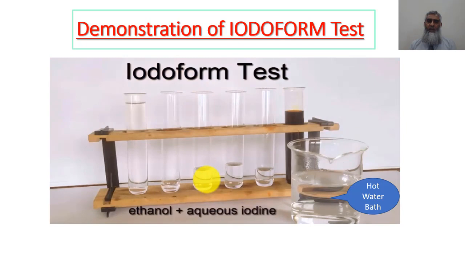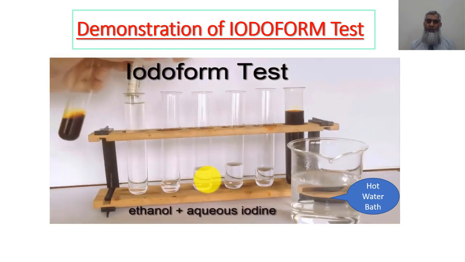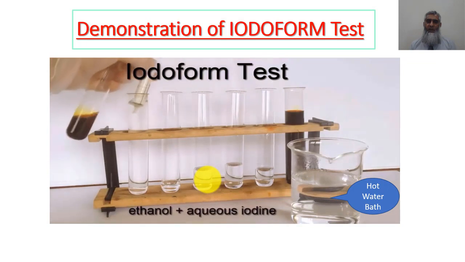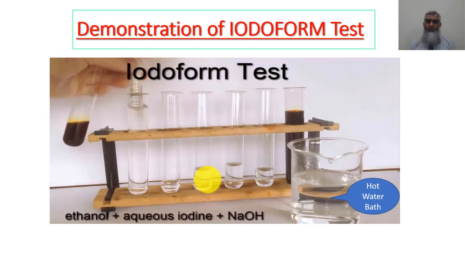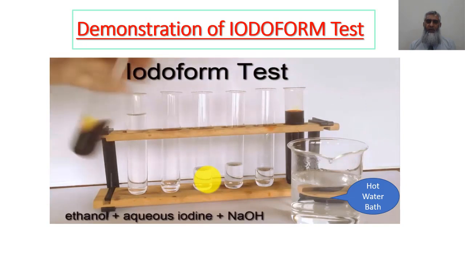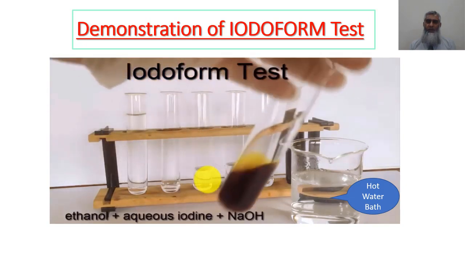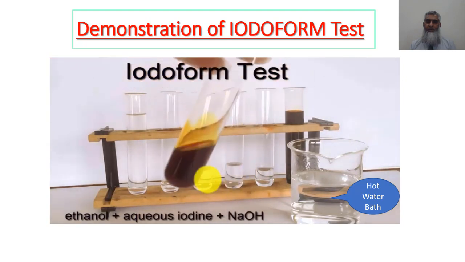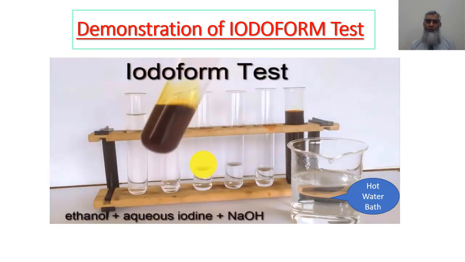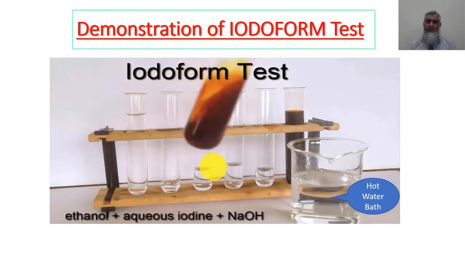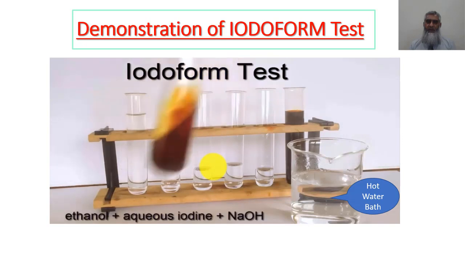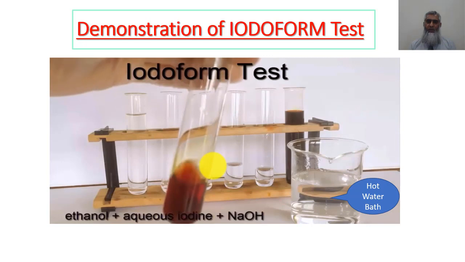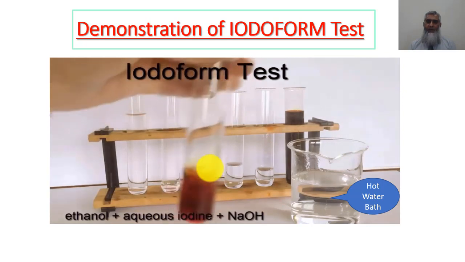Now we will add sodium hydroxide solution to this mixture of ethanol and aqueous iodine. Sodium hydroxide solution will be added slowly, dropwise, with constant shaking, until the brown color of iodine is removed.